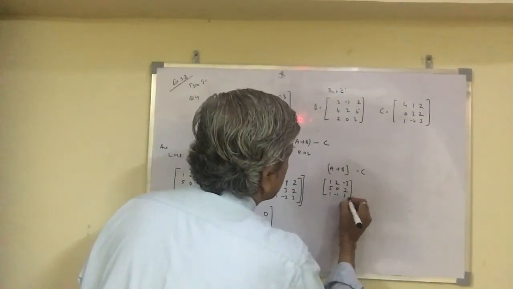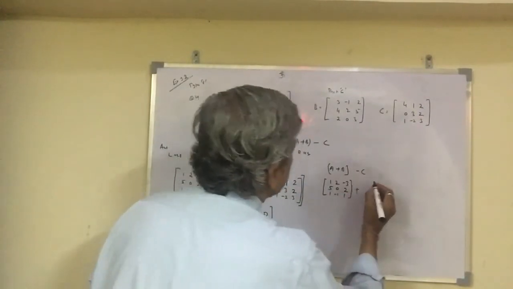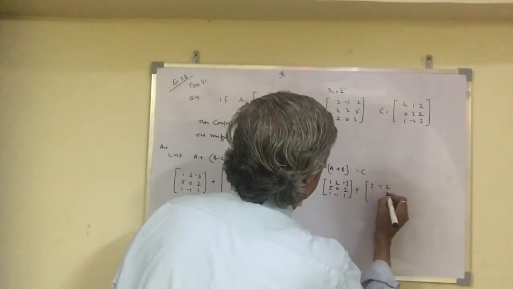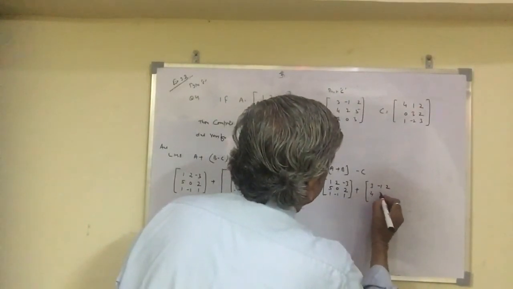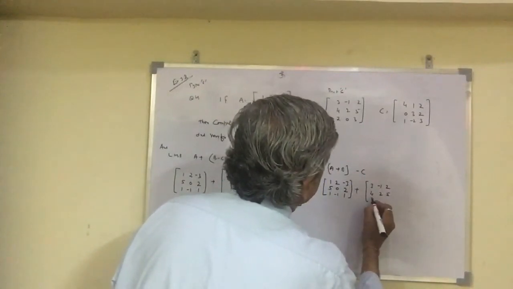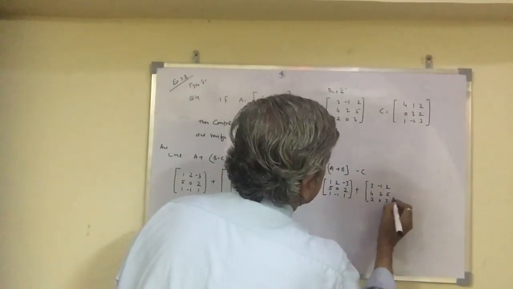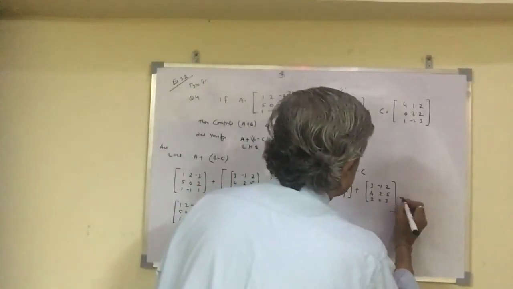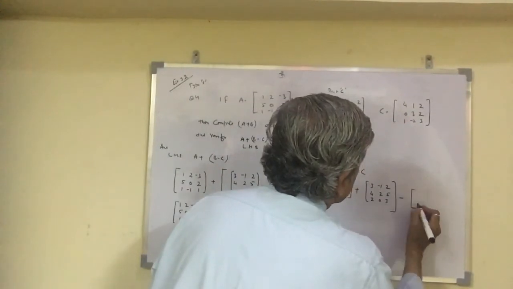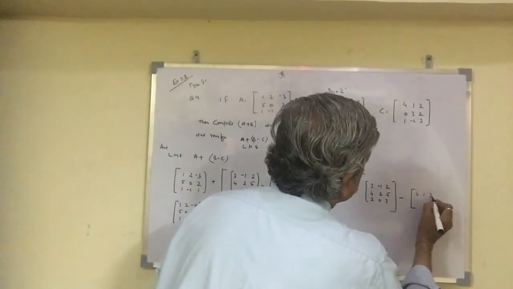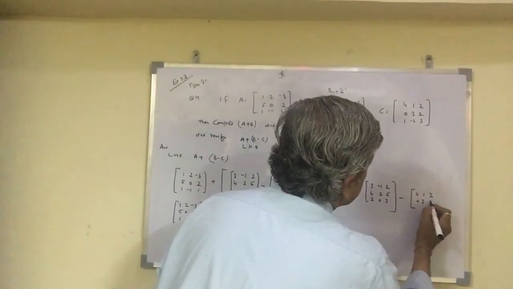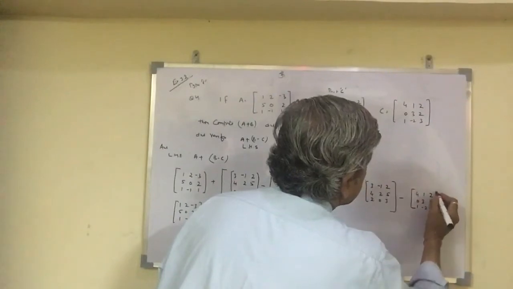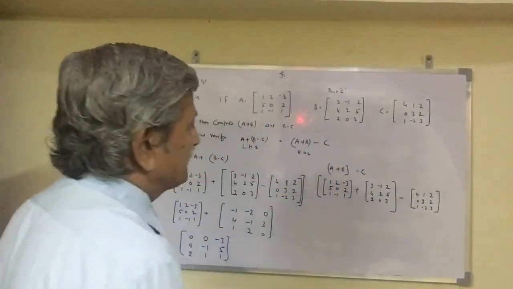And now you have to add B. B part is 3, -1, 2, 4, 2, 5, 2, 0, 3. Now this is your A plus B part, and you subtract C, which is 4, 1, 2, 0, 3, 2, 1, -2, 3.